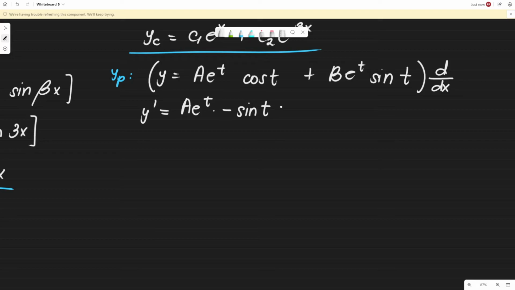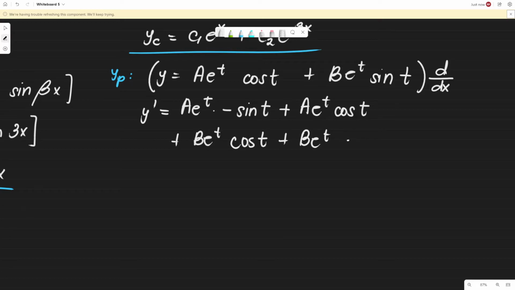Plus, the derivative of a e^t is a e^t pa rin, so cosine t. Okay, next. Plus, b e raised to t times the derivative of sin t, which is cosine t. Then plus b e^t ulit, that's the derivative of b e^t. Kopyahin mo na lang yung sin t.